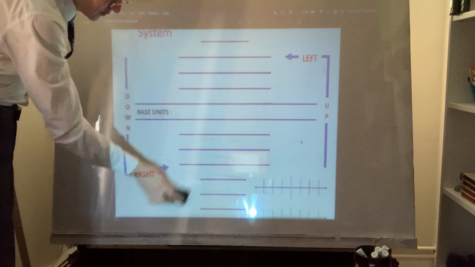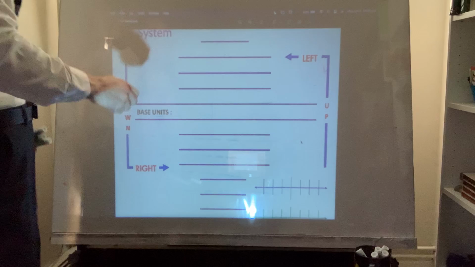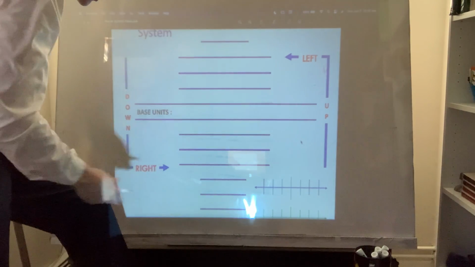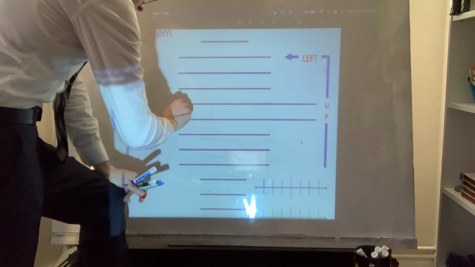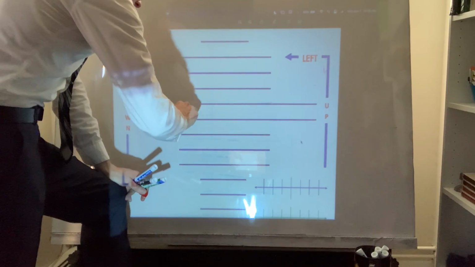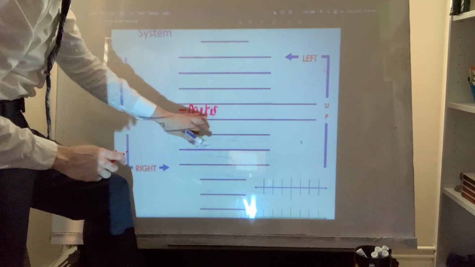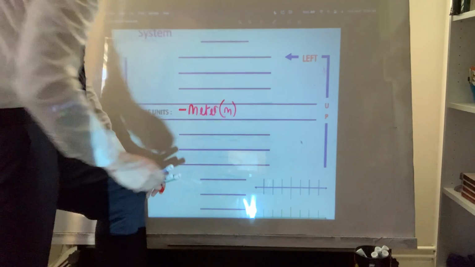So let's start with this. The base units of the metric system, again, depending upon whether you're measuring distances or capacities or so forth. Meter, and forgive me, I'm spelling this the American way, ER as opposed to RE, abbreviated lowercase m.